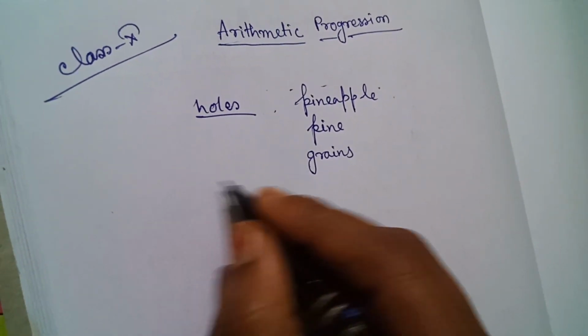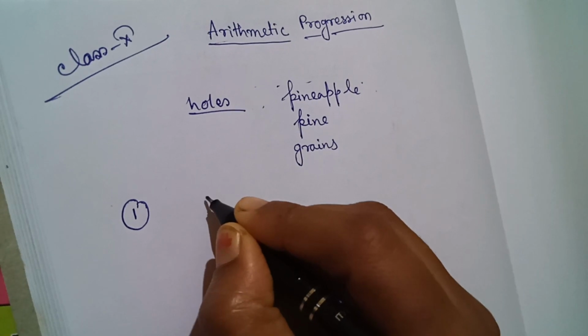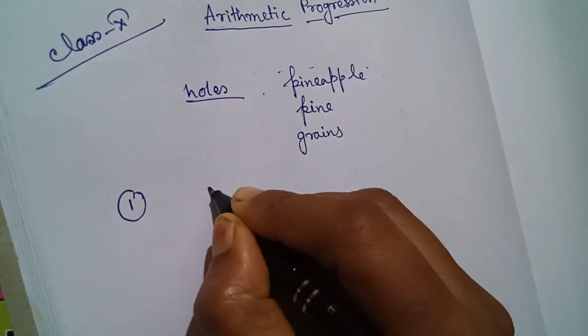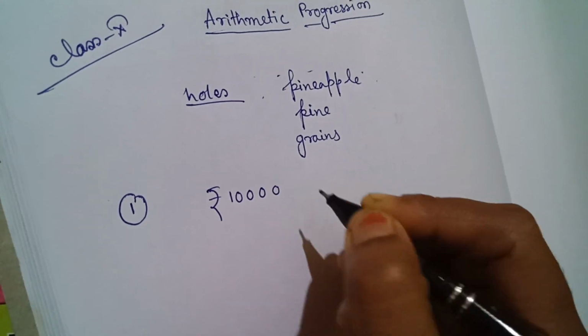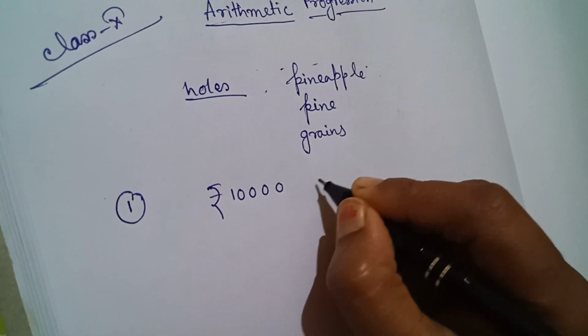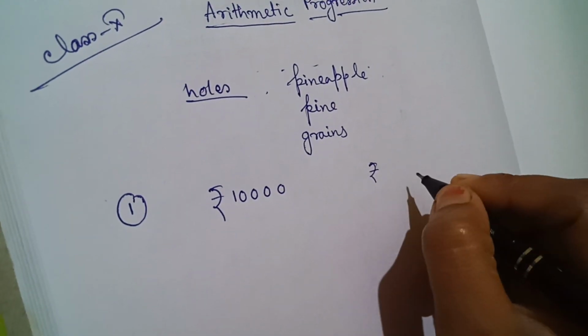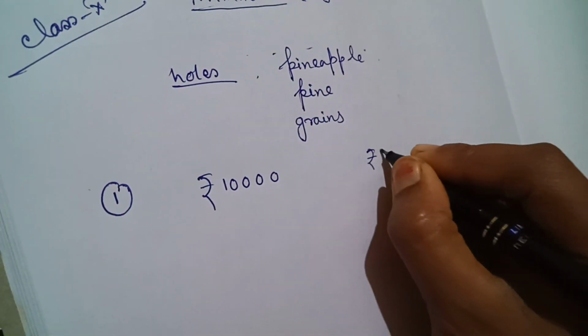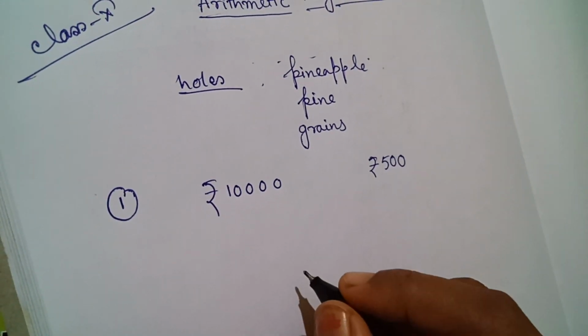So let's have some examples. Suppose number 1. Someone's salary starts with, suppose, rupees 10,000, and every year she gets an increment of 500 rupees.